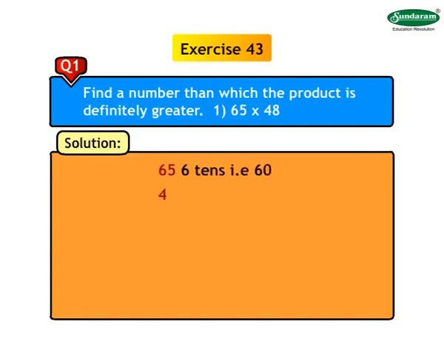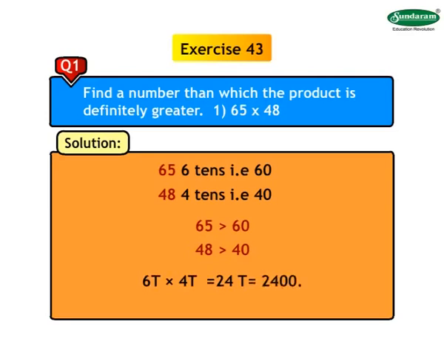The number 48 has 4 tens, that is 40. Therefore, 65 is greater than 60 and 48 is greater than 40. Multiply 6 tens into 4 tens is equal to 24 hundreds, that is 2,400. The product 65 into 48 will be greater than 2,400.